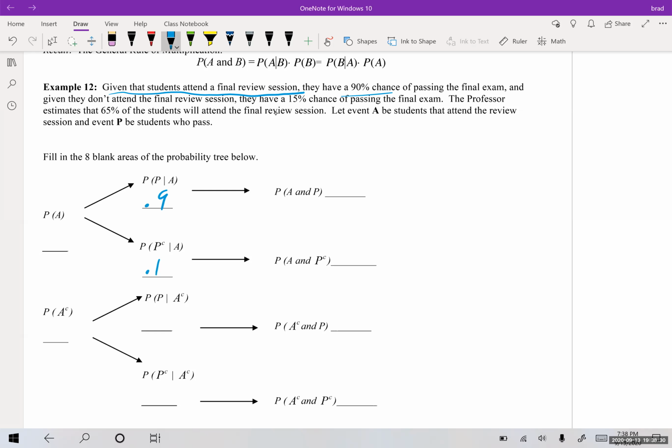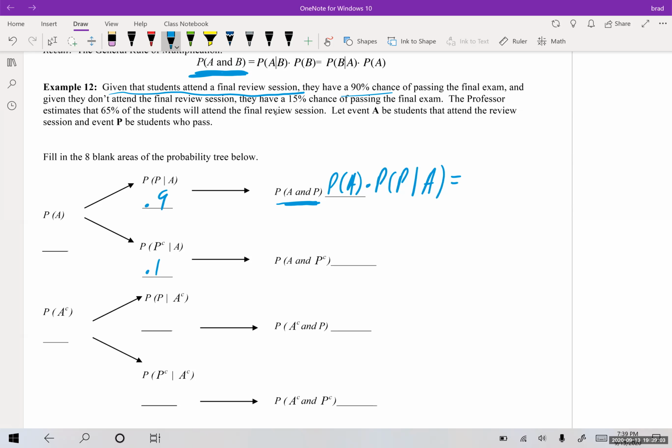Okay, now what's the probability of attending and passing? The professor estimates that 65% of the students will attend the final review session. So we're looking for the probability of A and P. Well, that's this right here, right? The probability of attending and passing is equal to the probability of attending times the probability of passing given that you attended.